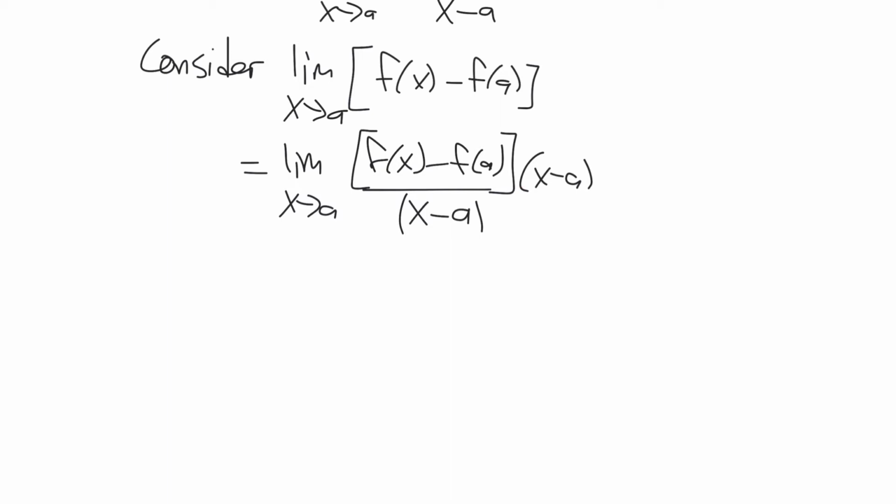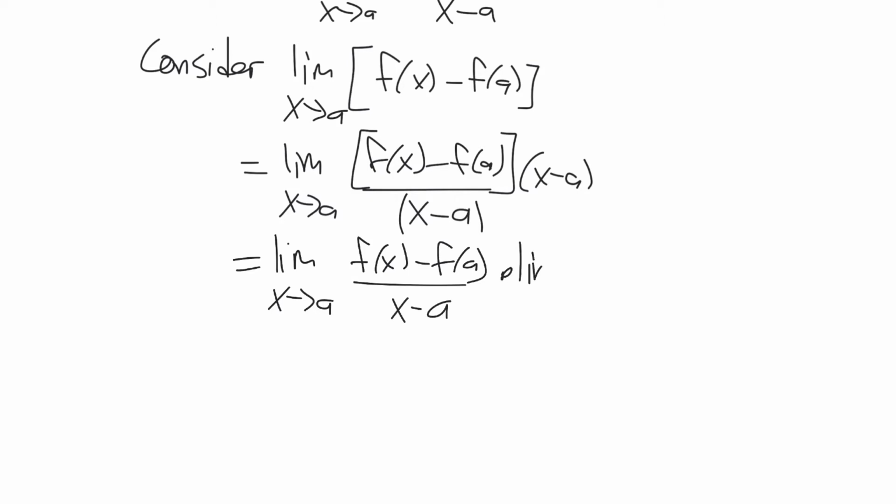And we know that we can separate limits using limit laws. So this will be the limit as x approaches a of f of x minus f of a over x minus a, times the limit as x approaches a of x minus a.